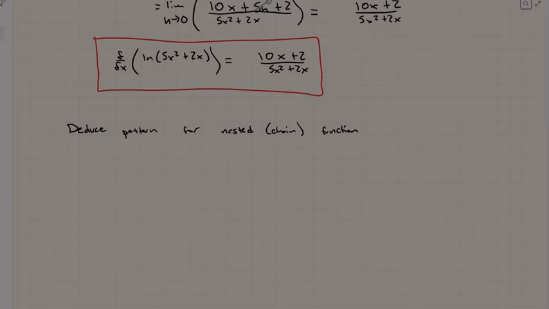The first example that we did for this type, we had said that e to the power of cosine x has a derivative of e to the cosine x times negative sine of x.